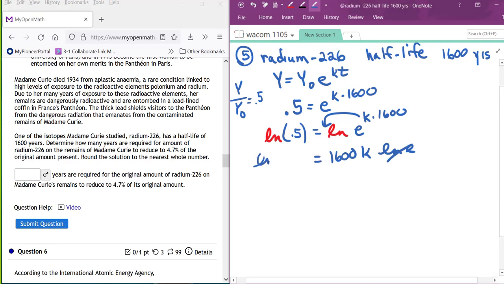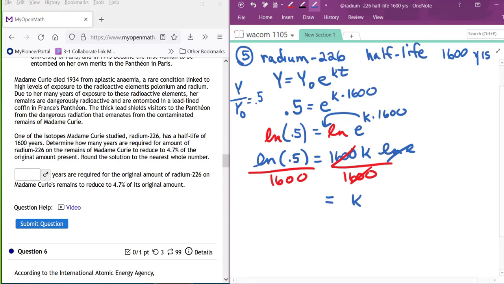So I'm waiting to figure out this natural log of 0.5. If you punch it in, you're going to get a negative. Don't be surprised by that, because if something is decaying, it is going to have a negative growth value. Right, so we'll go ahead and divide by our 1600 to get us to k.